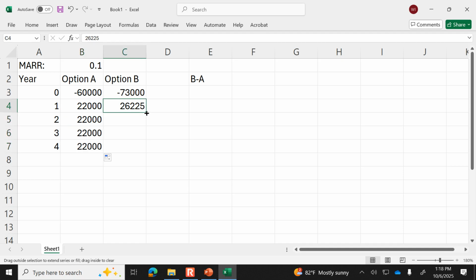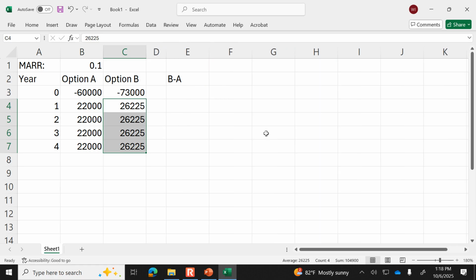Luckily for us, both options have the same lifetime here, the same useful life. Okay. So I guess before we do an incremental analysis, we might want to find out if they are suitable options to begin with.